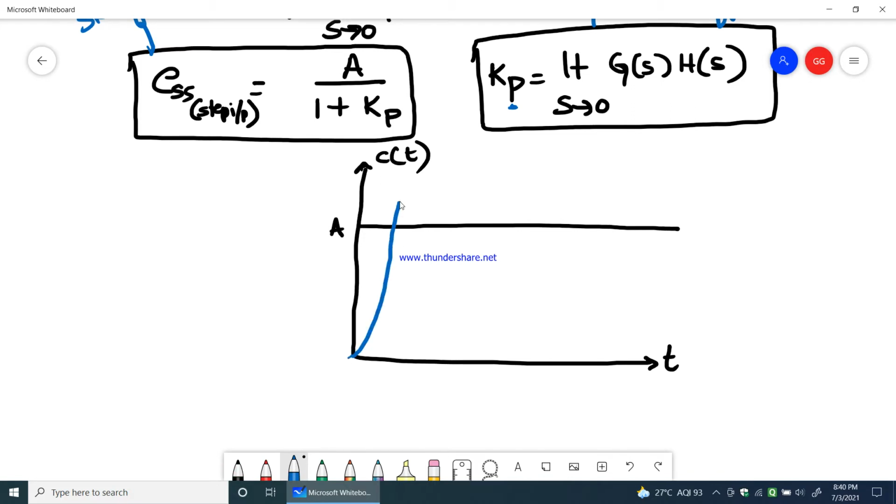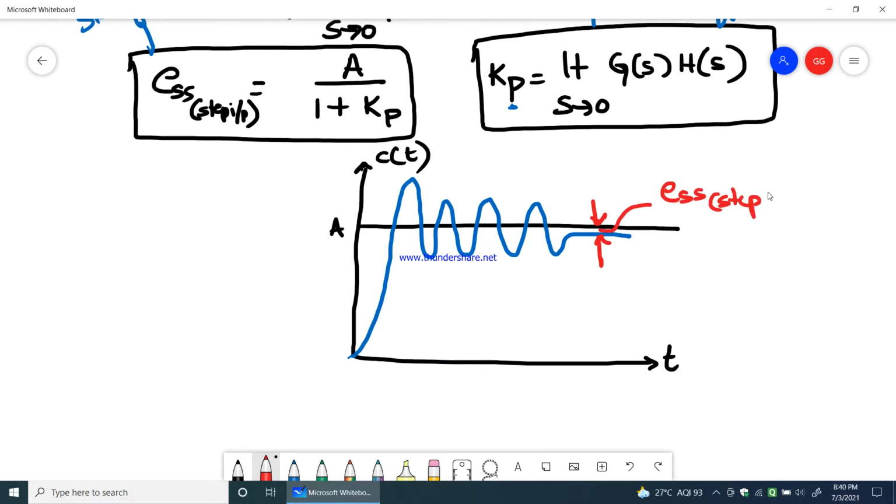It gives you a fine oscillation like this, and finally it reaches the steady state. And this gap, which I told you earlier, is actually ESS for the step input, the steady state error for the step input.